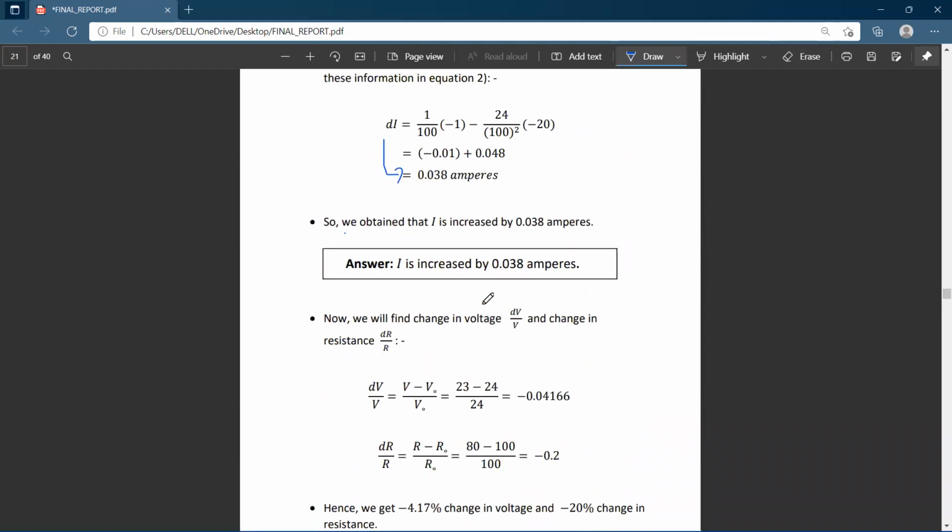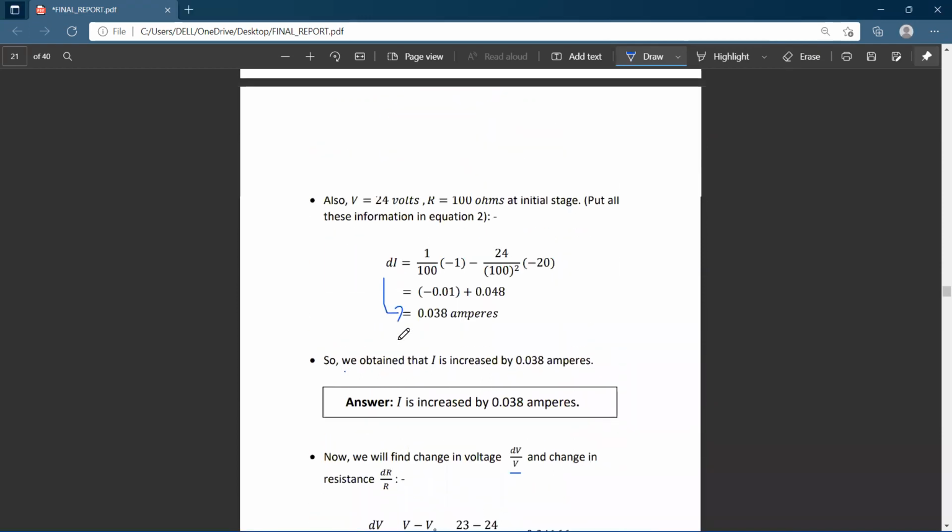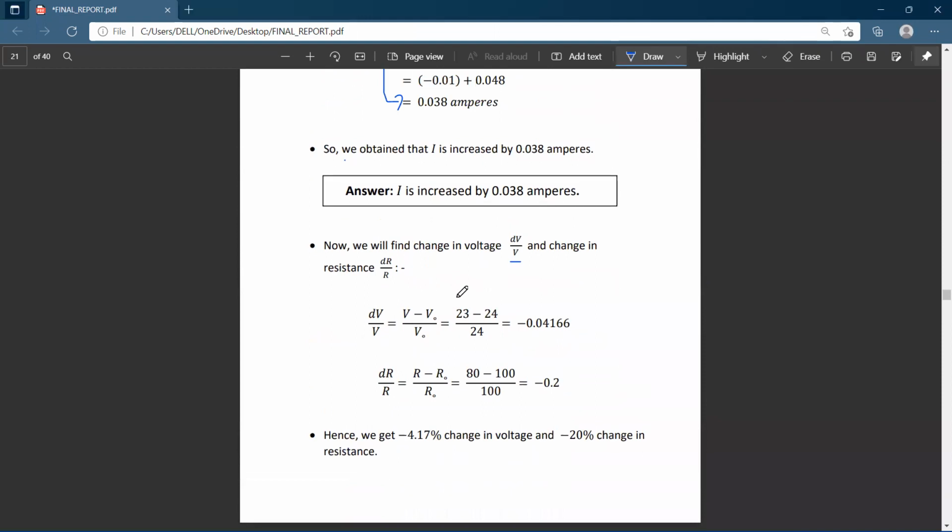Now we will find the relative change in voltage, dV/V, and the change in resistance. For the given voltage change and resistance change, it is (V - V0)/V0. The initial voltage was 24, and after the change it becomes 23.